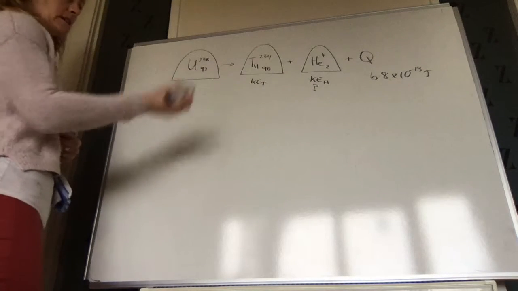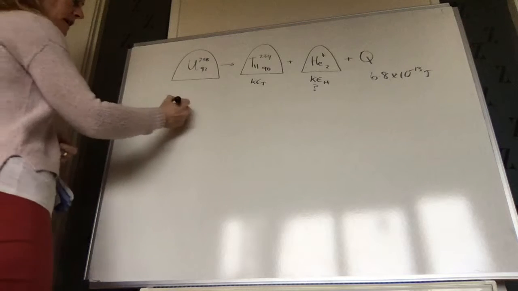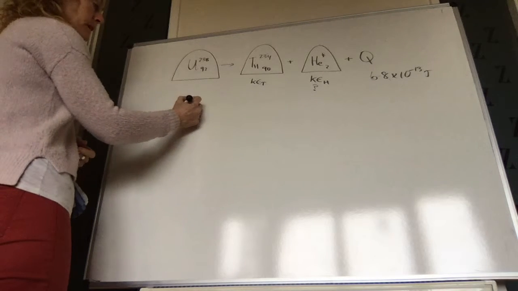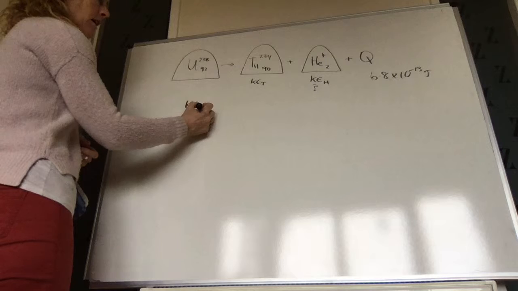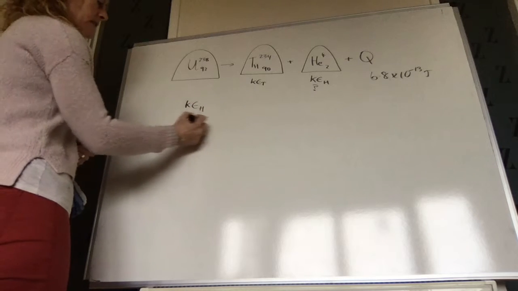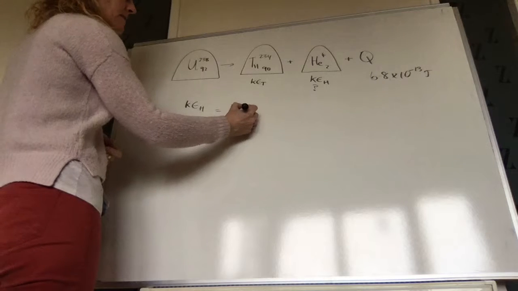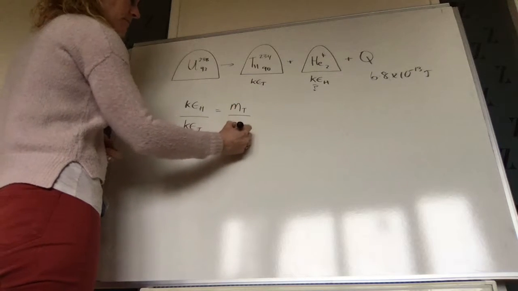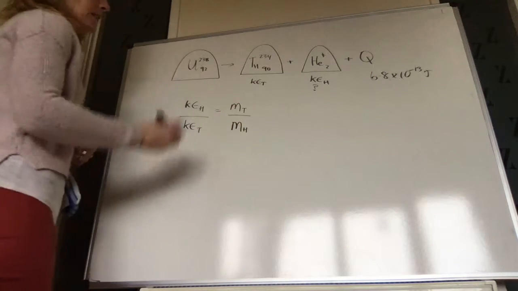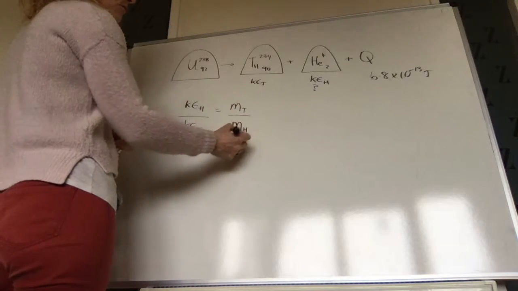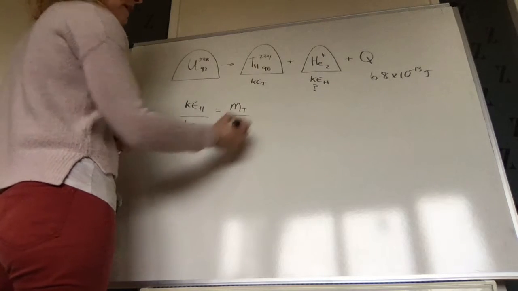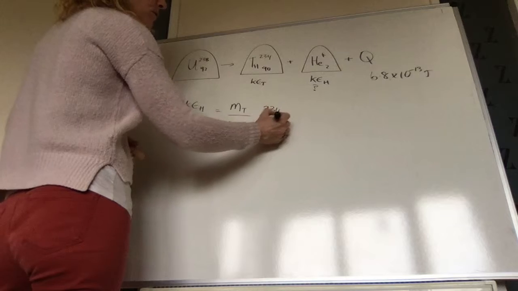So we use what I've just proved in the previous video. The kinetic energy of helium divided by the kinetic energy of thorium is equal to the mass of thorium divided by the mass of helium. We have been given that the ratio of the mass of thorium to helium is 234 over 4.